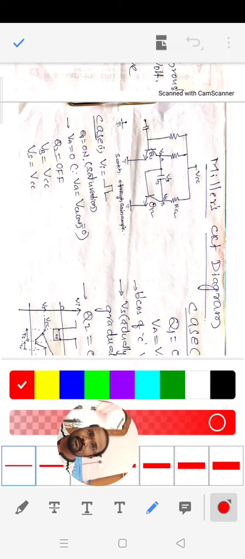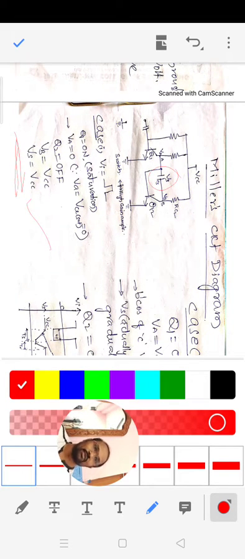The same VB equal to VCC appears as Vs across the capacitor. That Vs is equal to VB, which is equal to VCC. The maximum voltage appears across the capacitor when Q1 is in the on state and Q2 is in the off state. Next, let us take the second case, case 2.